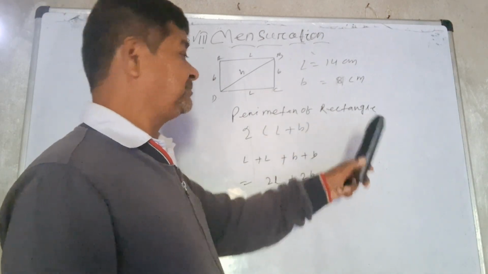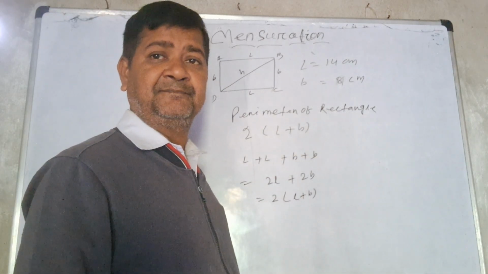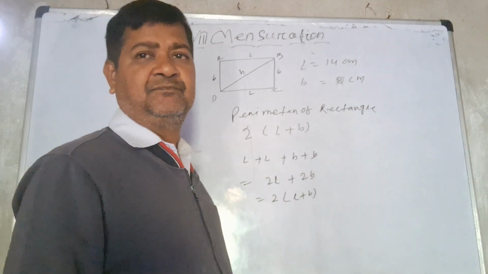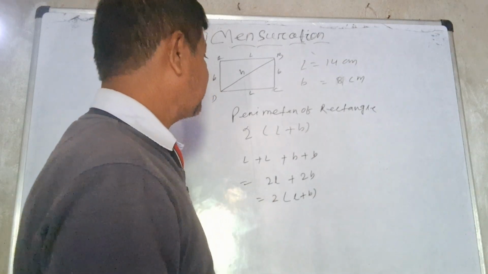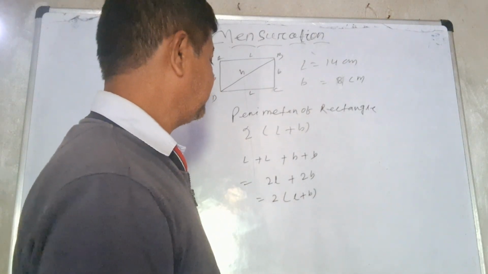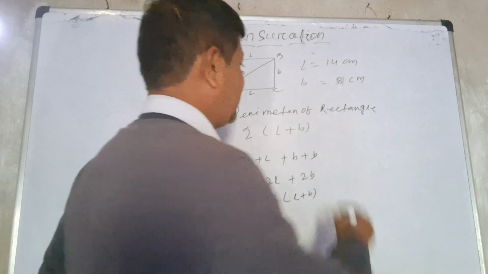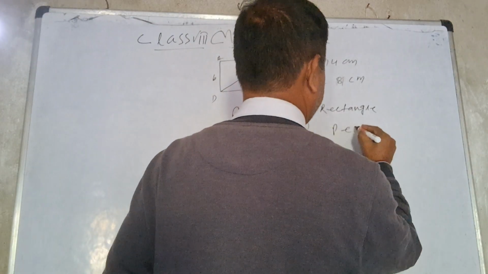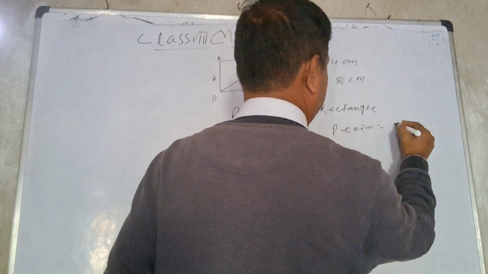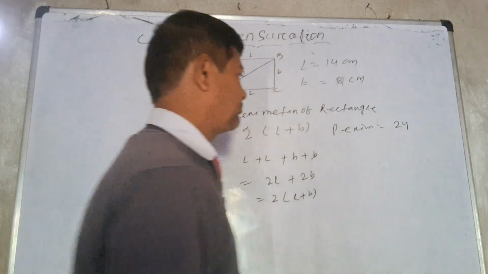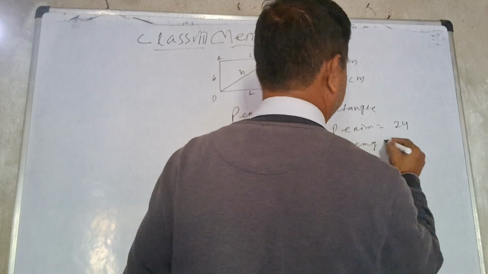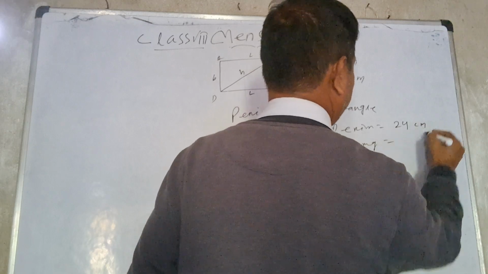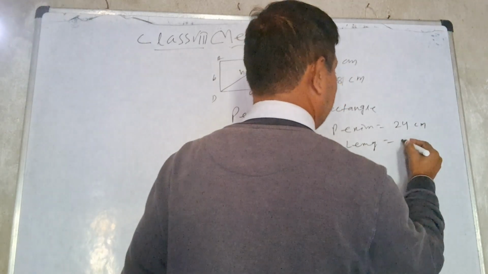If the perimeter is given but breadth is not given, suppose the perimeter is equal to 24 cm and the length is 8 cm.